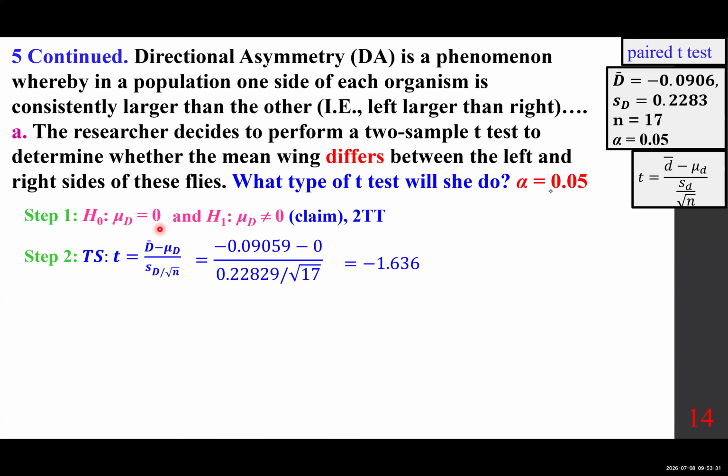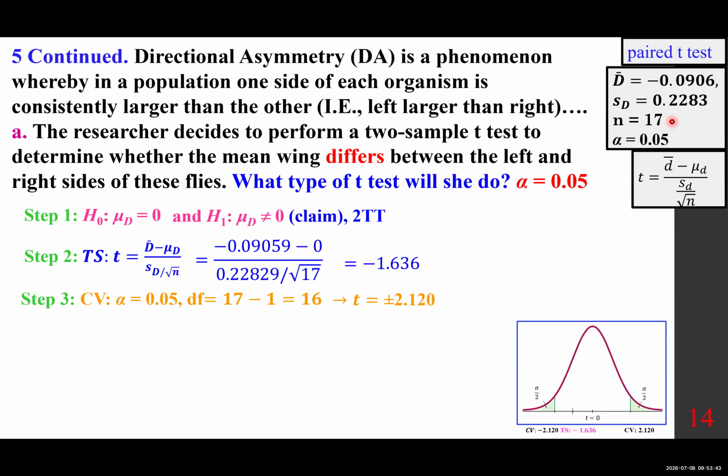Critical value, alpha is 0.05, degrees of freedom n minus 1, 17 minus 1, results in the following. We go to the table. Okay, so this is alpha over 2, and the critical values are negative and positive 2.120. Where is this number? Somewhere here in between. Way into the non-rejection region.